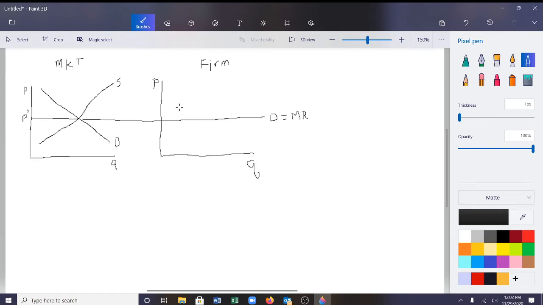So what we're going to do now is take the cost curves from the last set of lectures, and I'm going to begin with the average total cost curve, which is U-shaped. This is the average total cost. The average variable cost is underneath that. This is the average variable cost.